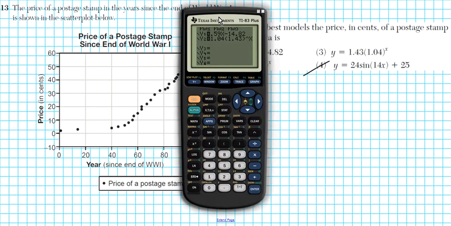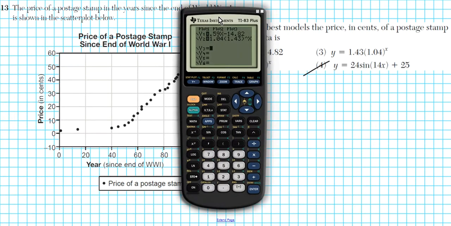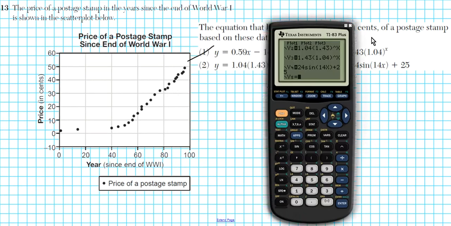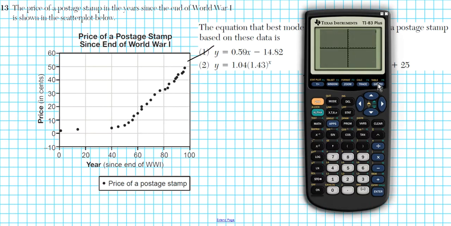The third one is like it's switched around, 1.43 times 1.04 raised to the x power. And then the last one is our trig function, 24 sine 14x plus 25. Okay, so let's graph the functions and see which one best approximates what we have.